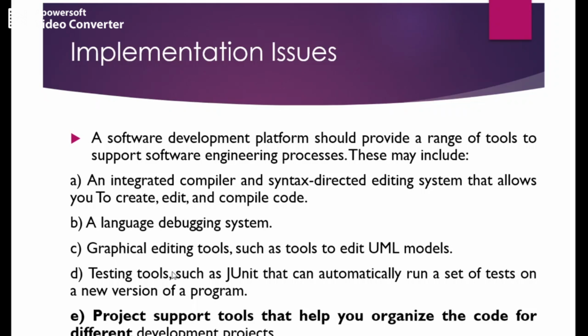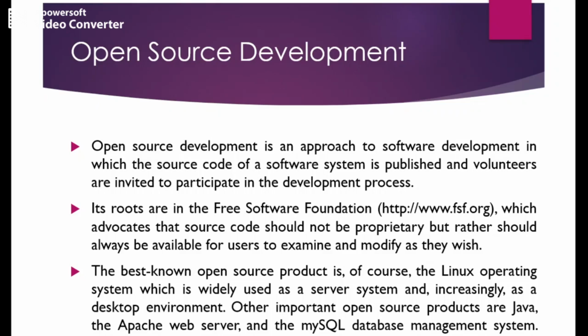D is testing tools. You already have some frameworks for this, like JUnit. If you install it, this will automatically run a set of tests on your program. And E is project support tools that help you organize the code for different development projects. That is project support tools.